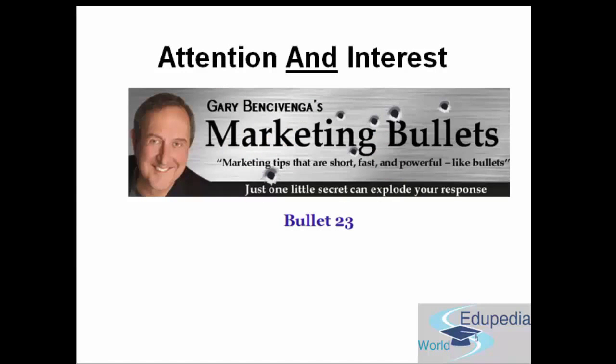And another thing that's worth paying close attention to here was, if you remember, one of your last homework assignments was to download Gary Benzavinger's marketing bullets, and bullet number 23 was all about gaining attention and interest.